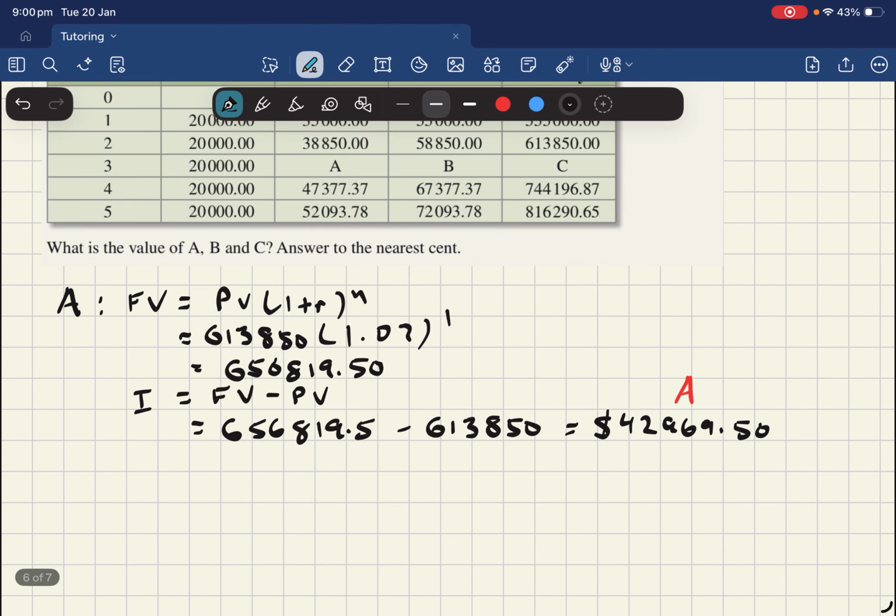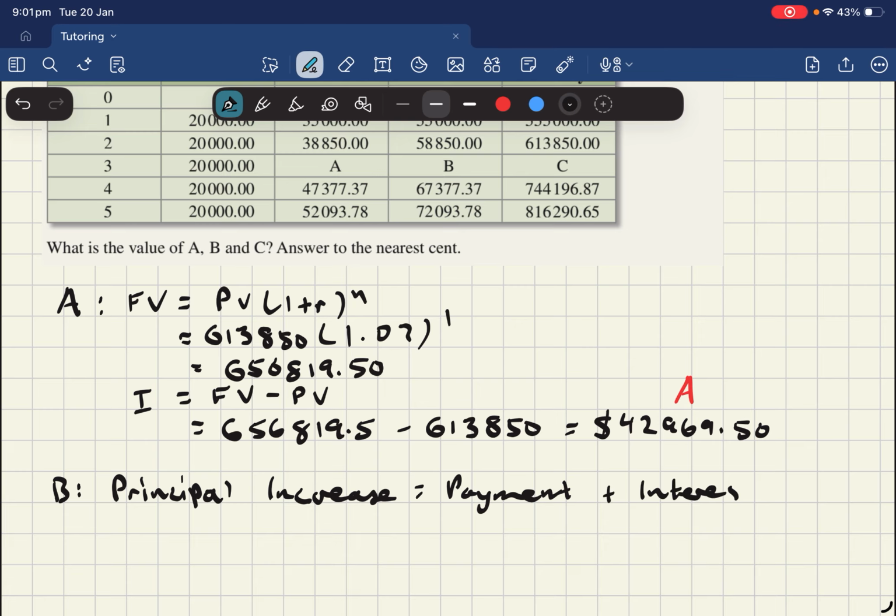So for part B, our principal increase equals our payment plus the interest. We're adding this time because it's an investment, so it's going to grow.